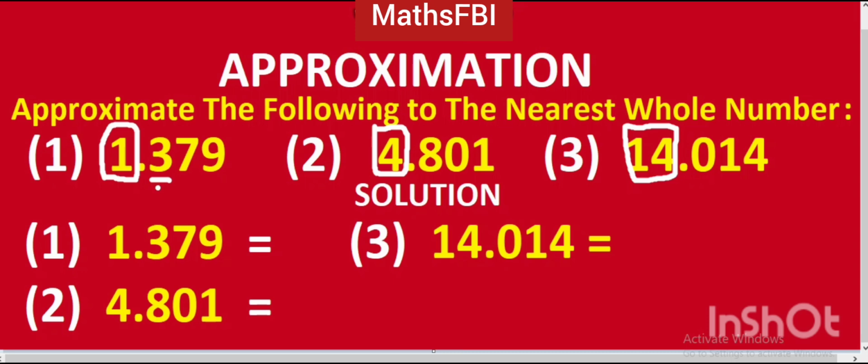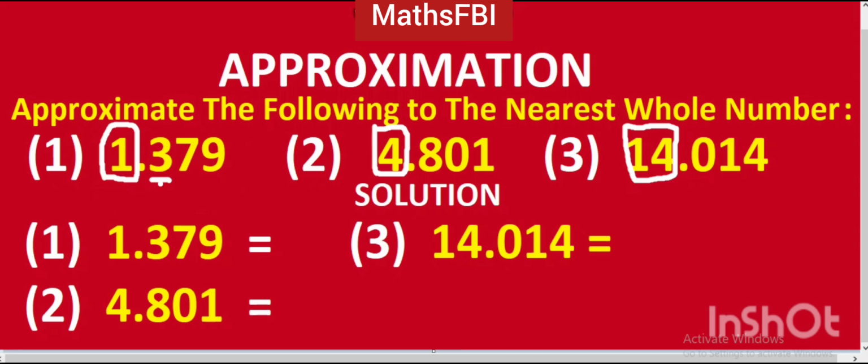Having identified this 3, the next number to the whole number we are approximating is the determining factor. So this is the rule. Since we want to approximate these numbers to the whole number, we consider this number 3.